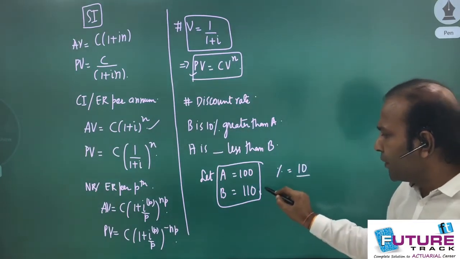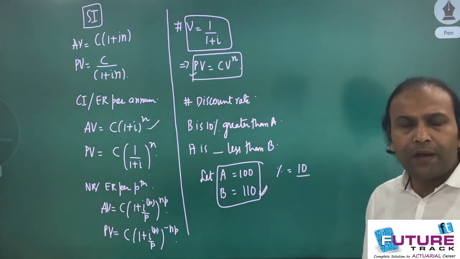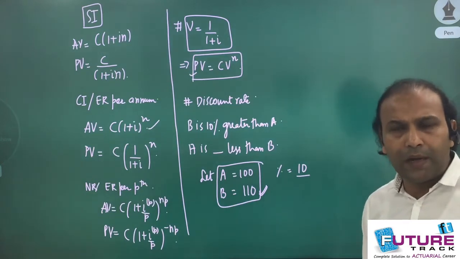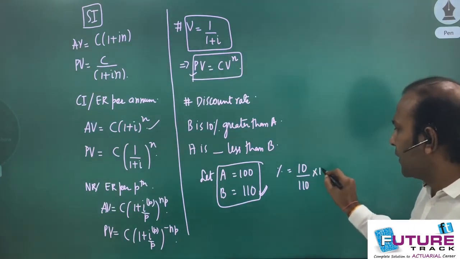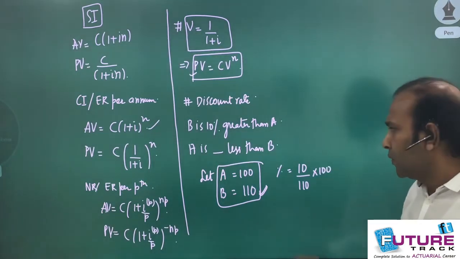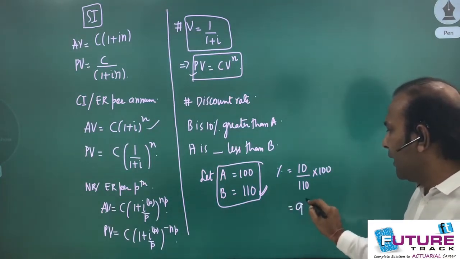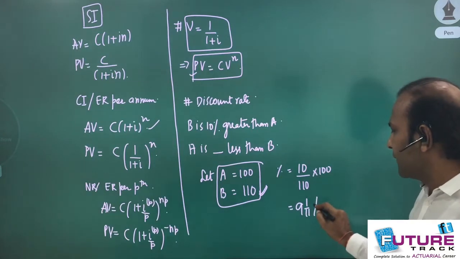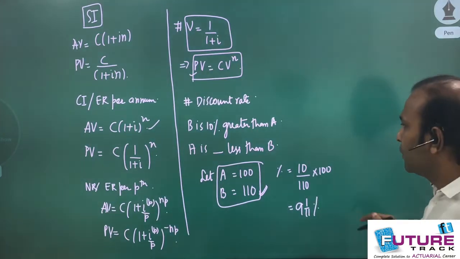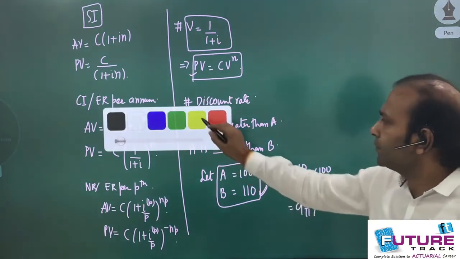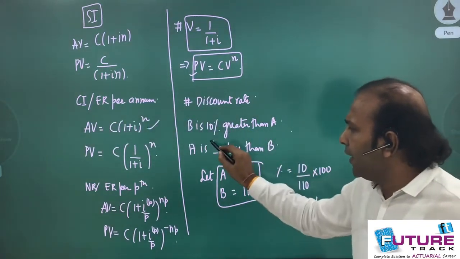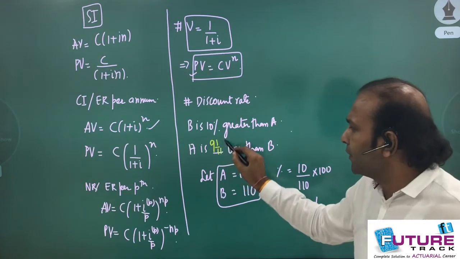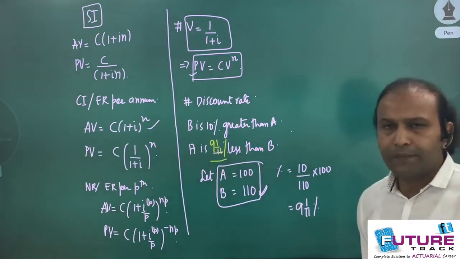Now we have to check with respect to 110, how much percent smaller 100 is than 110. So 10 divided by 110 into 100. This comes out to be 91 by 11%. So in short, you can say B is 10% greater than A and A is 91 by 11% less than B.